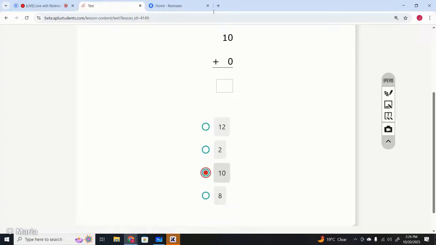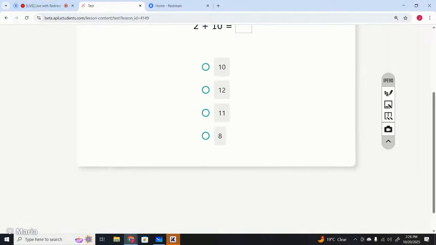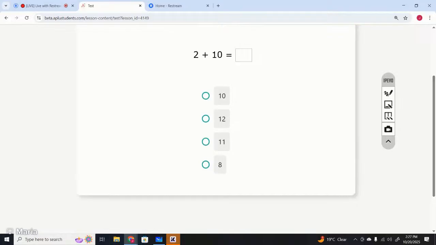So adding 0 means the number stays the same. So 10 plus 0 is 10. 10 plus 2 makes 12. It is option number 2.